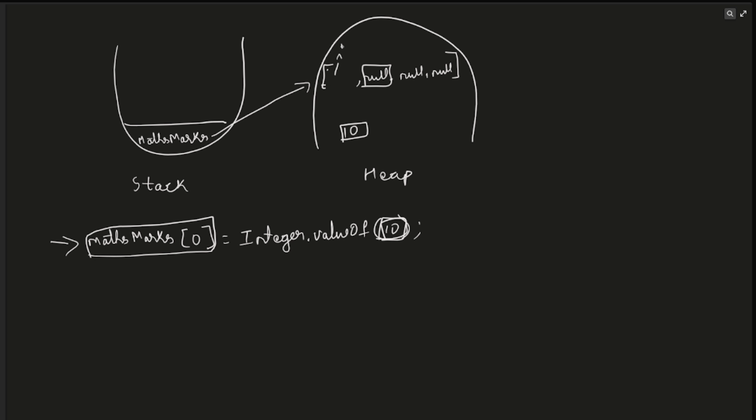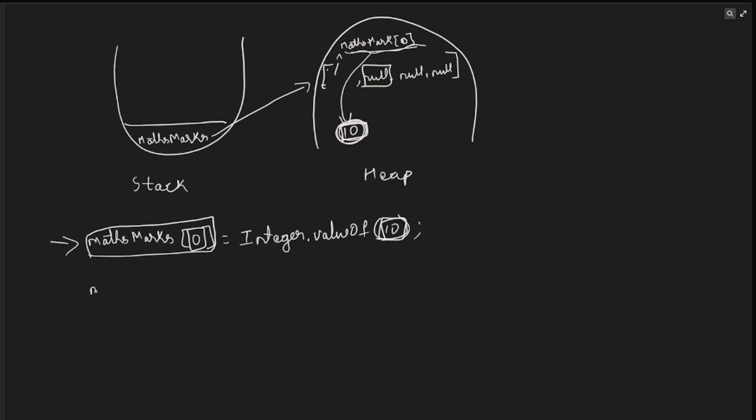This reference variable will be pointing to the newly created object 10. Whenever you try to access the 0th index of maths marks, it will internally call the maths marks 0 reference variable, and the pointing object will be returned as output. That's how it works for an object array.